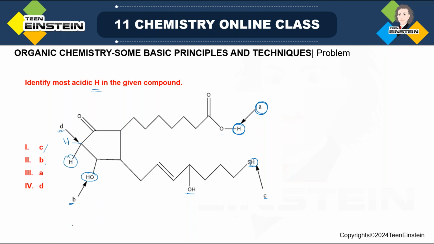Now most acidic. So here if we look at the groups, we have the COOH group. Then we have the SH group. Then we have the OH group. And then we have this CH2, and on the other side there is OH. So you just have to focus on this part.